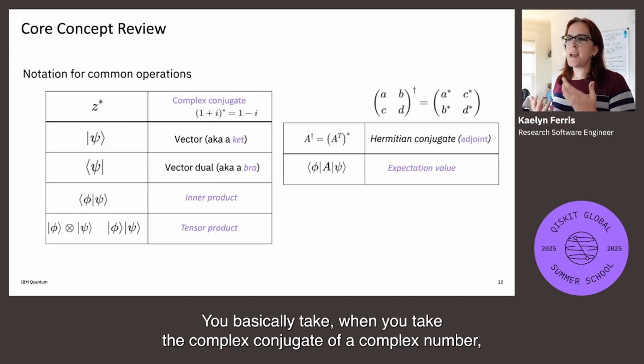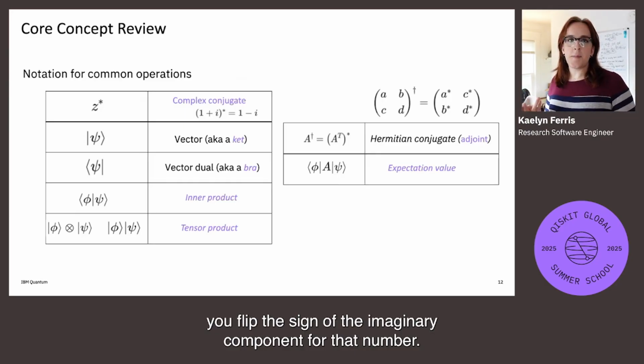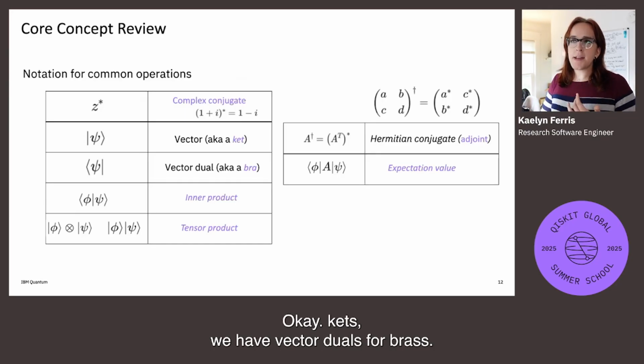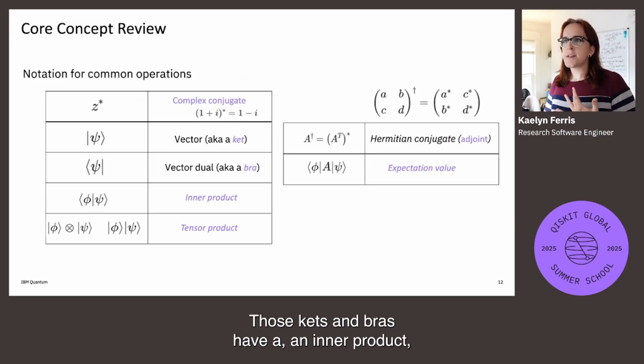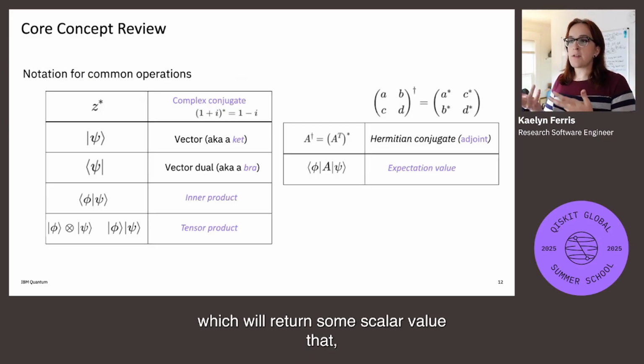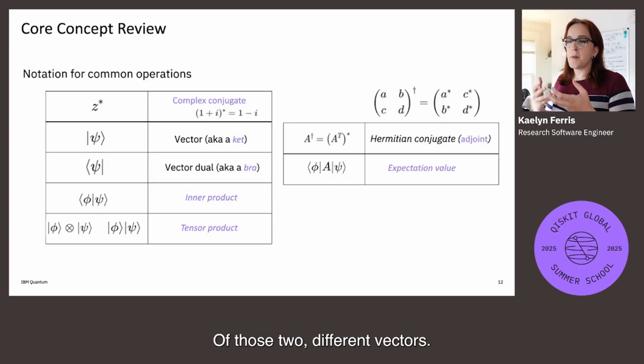When you take the complex conjugate of a complex number, you flip the sign of the imaginary component for that number. We also have vectors, aka kets. We have vector duals, aka bras. Those kets and bras have an inner product, which will return some scalar value that is a description of what's called the overlap of those two different vectors.